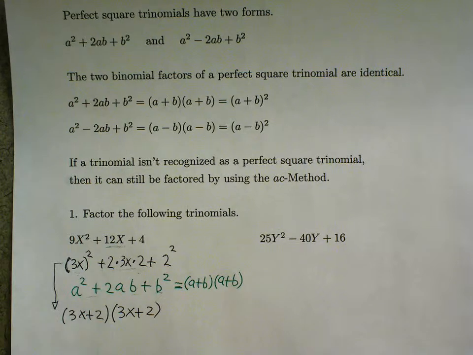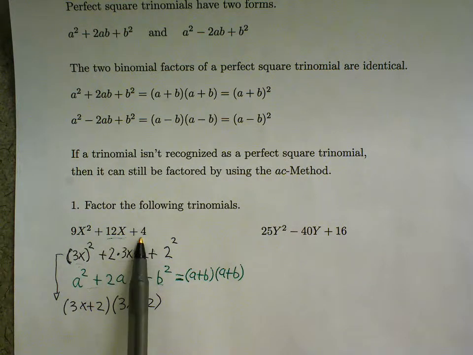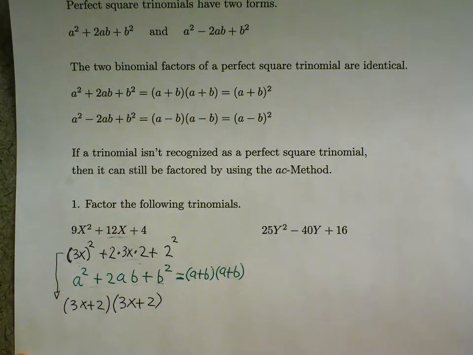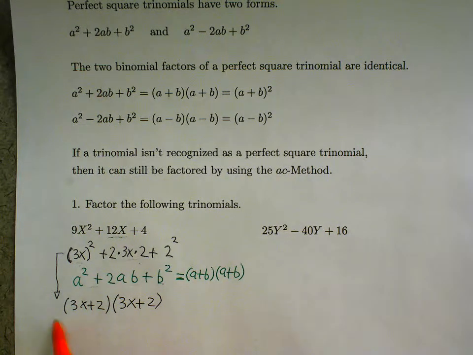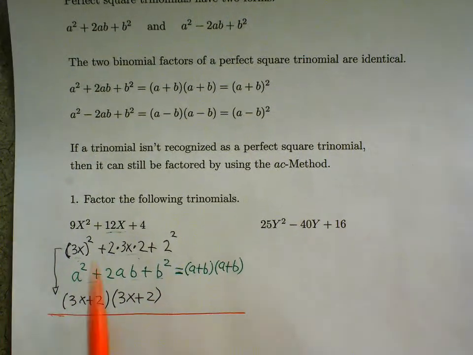Okay, as I mentioned, even if you don't recognize a perfect square trinomial as a perfect square trinomial, you can still use the AC method to factor it. So let's go ahead and, just for practice, we'll use the AC method.